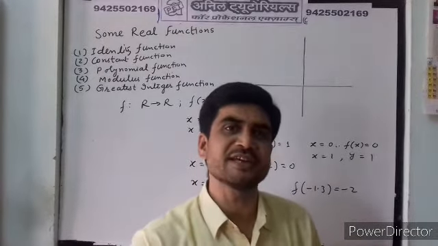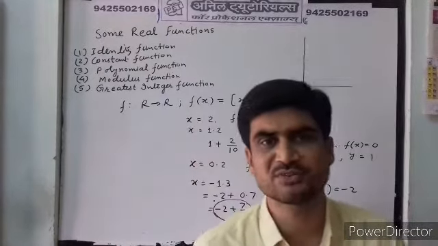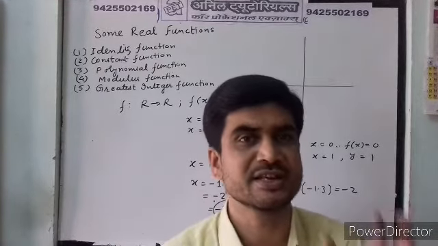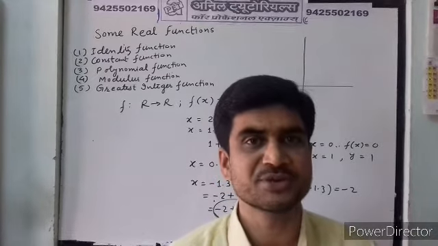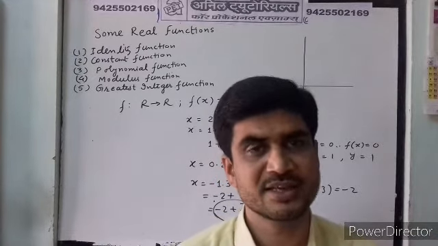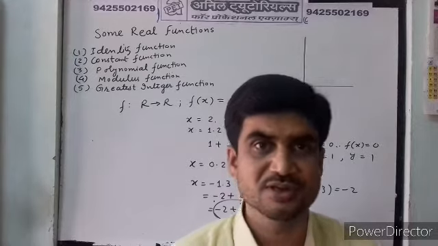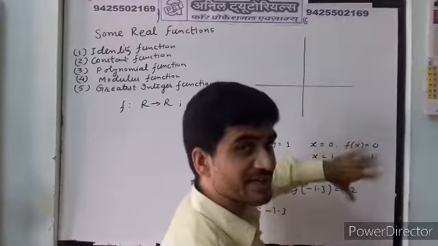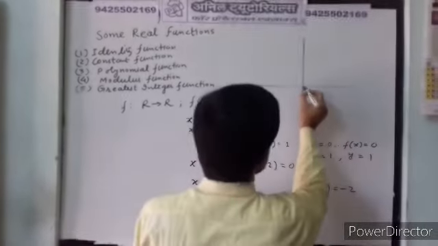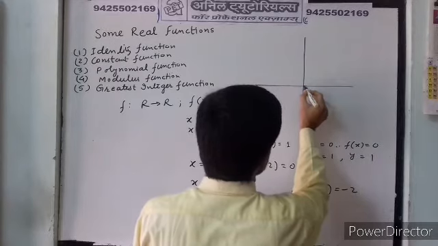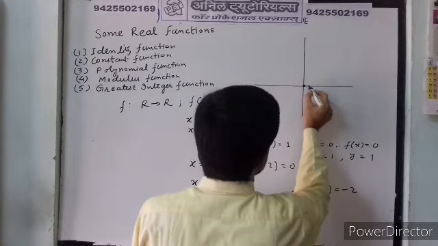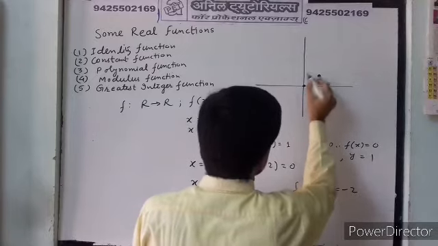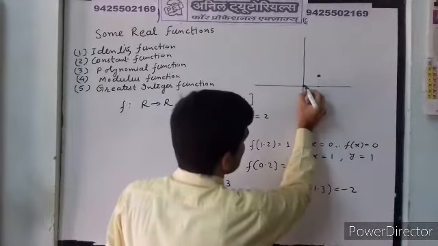But when you take values between 0 and 1, suppose you take 0.1, you will get 0, because when you take x equal to 0.1, its integral value is 0. 0.2, integral value is 0. 0.3, integral value is 0. So between 0 and 1 you always get 0, but at 1 you will get 1. So when you get x equal to 1, then only you get 1. And before this you will get 0 only.